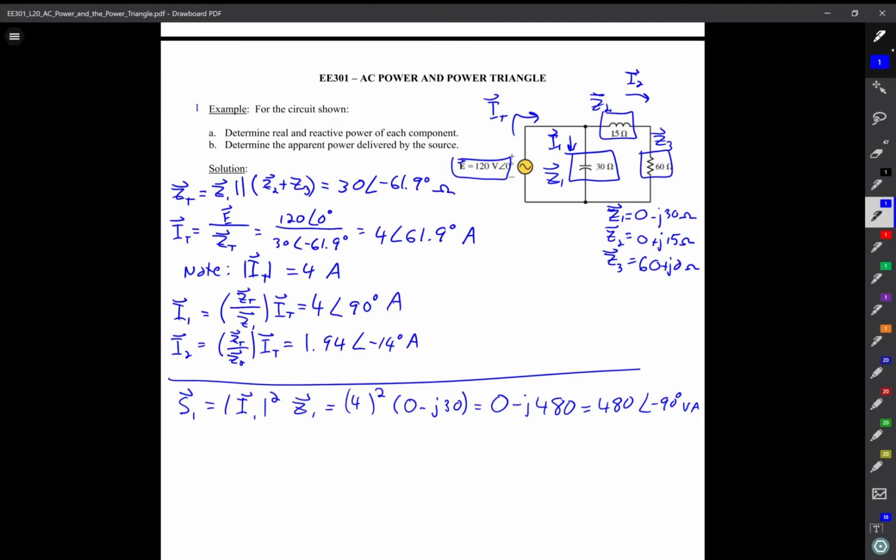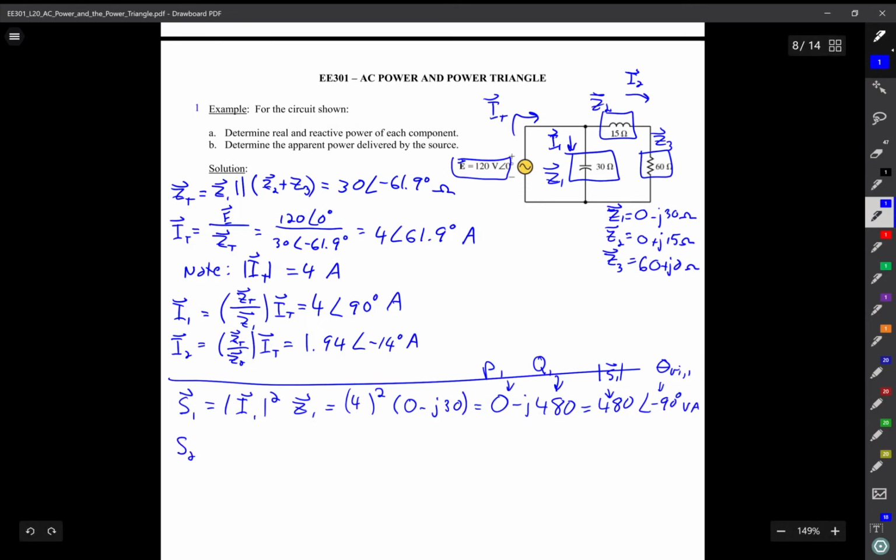Okay, this here we'll call P1. This is Q1. This is the magnitude of the complex power, that's called apparent power, and this is my power factor angle for that one complex power. That's all the information that I need.